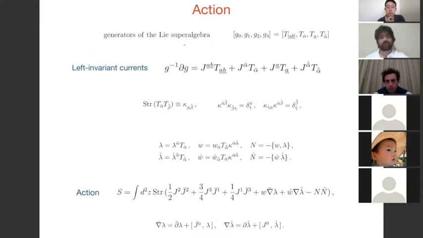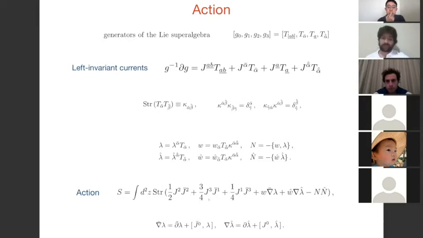So we have this algebra. Here I organize the generators of this algebra in terms of the Z4 automorphisms that you have, T alpha, T alpha dot. Then you can compute these left invariant currents, and then the action depends.